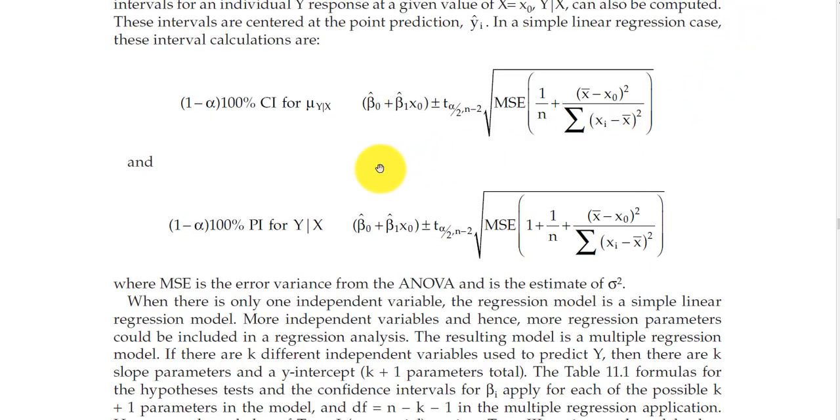In simple linear regression, we can also look at the point prediction y hat, which is given here for a particular value x0, and then we refer to a confidence interval for the mean response of the y variable given an x. For simple linear regression, it is this formula.